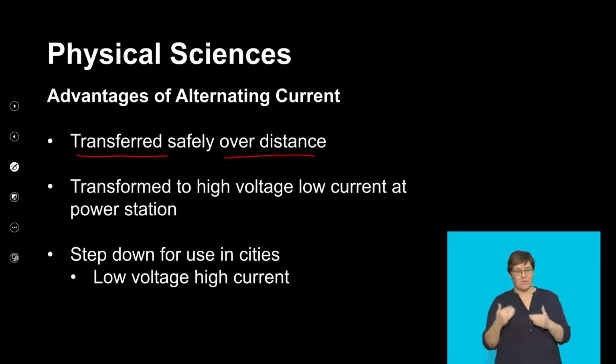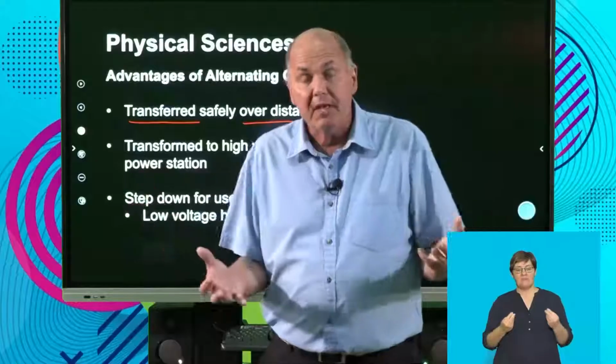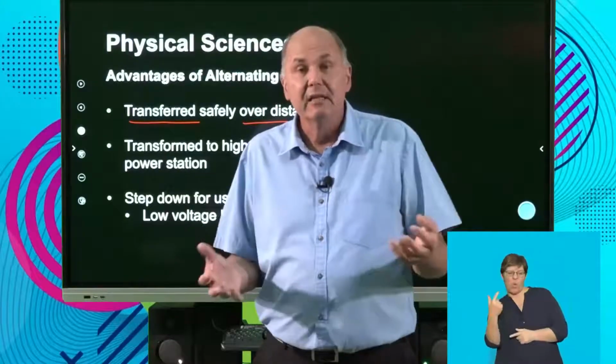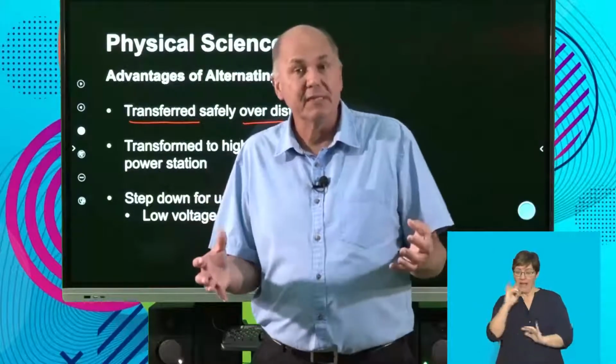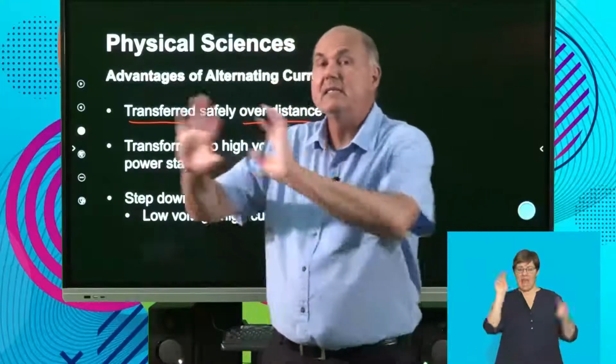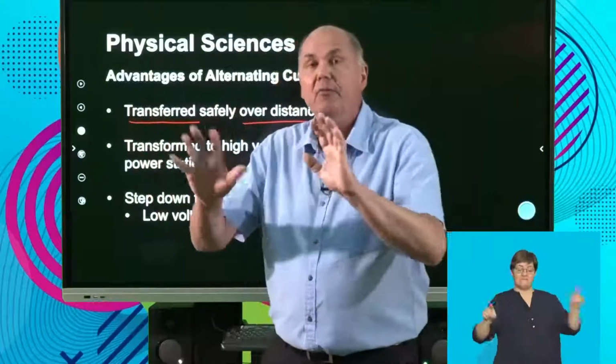Usually we have power stations that are burning coal or burning gas, and we don't want those in the middle of a city. There might even be nuclear power stations, or hydroelectric dams that are quite a distance away from the city.